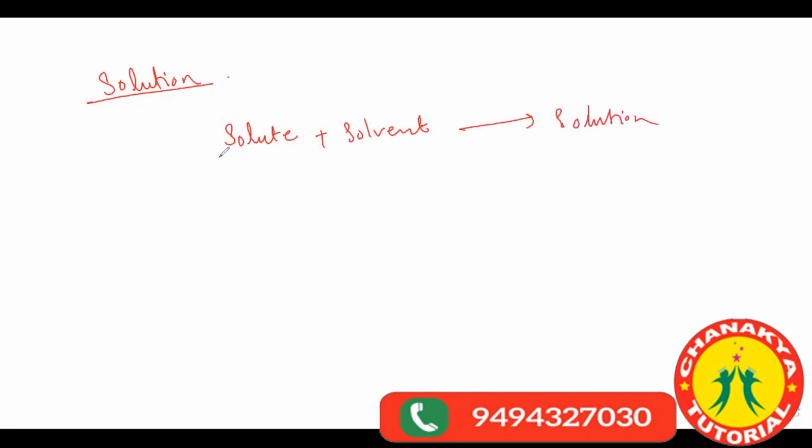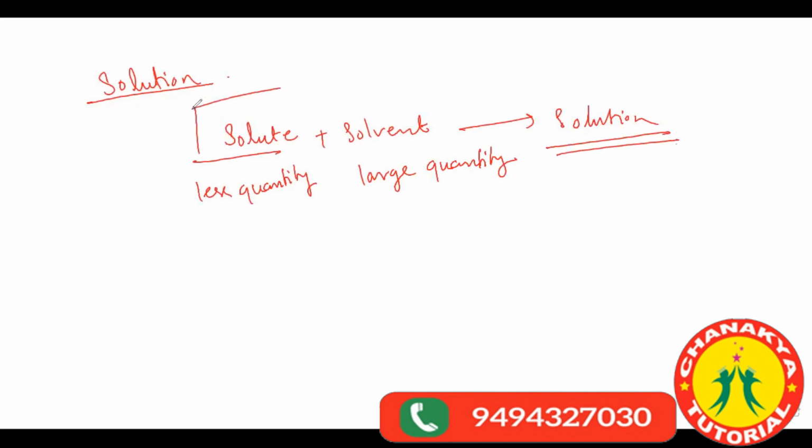In that, solute would be in less quantity and solvent in larger quantity. If solute quantity is more, your solution becomes concentrated. If solute quantity is less, your solution becomes a dilute solution.